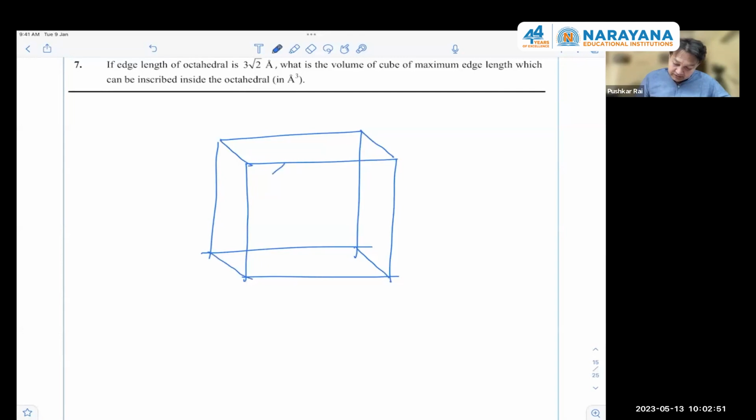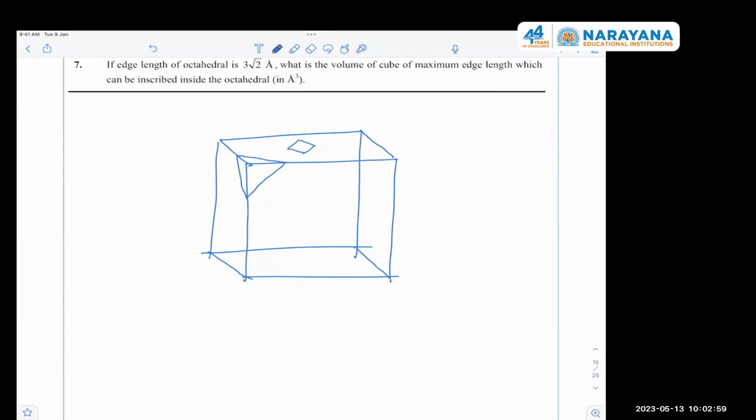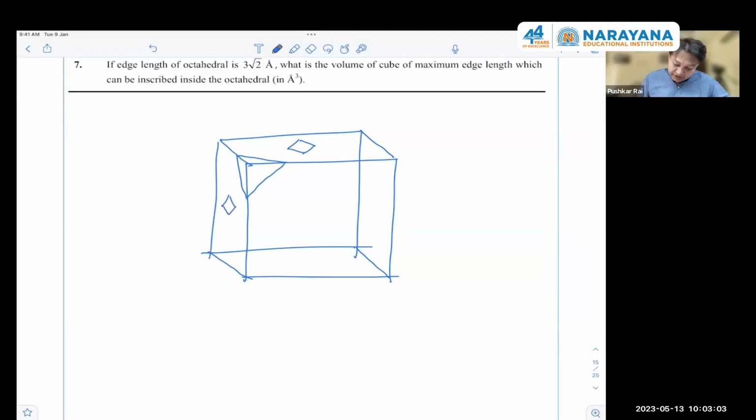When you start cutting like this, ultimately one stage will come, then you will see something like this. Octahedral. Yes. And precisely which point? You will simply get through this situation.